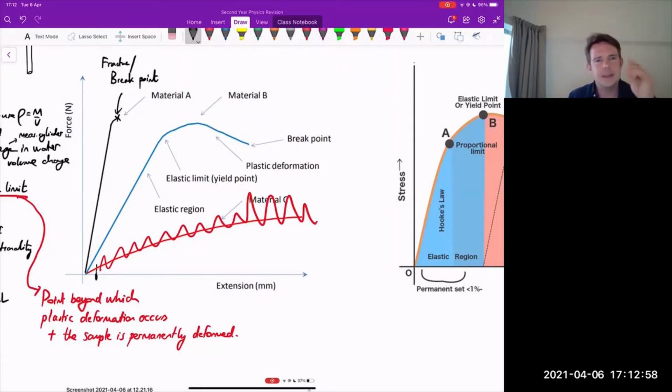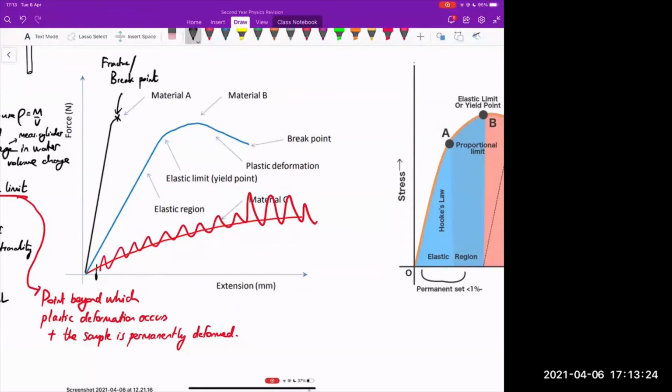The fact that it does that very soon after the elastic limit means that it's brittle. So imagine something like glass. Some plastics would be quite brittle as well. They're quite hard to deform, but once you deform them a certain amount, they break very suddenly. Whereas, how might you describe material B rather than brittle? Good.